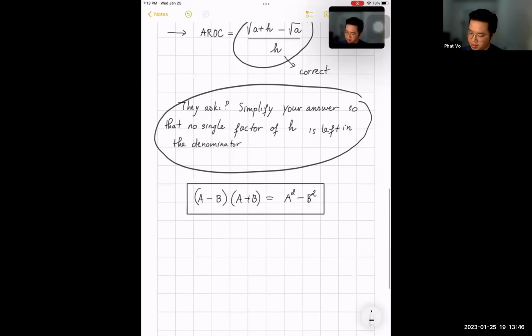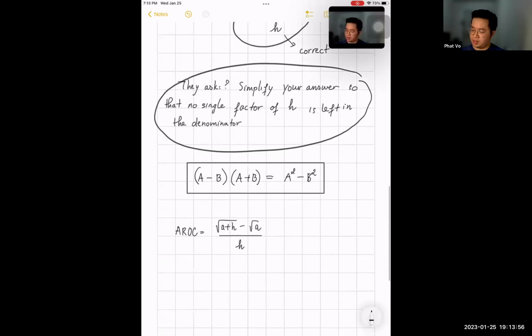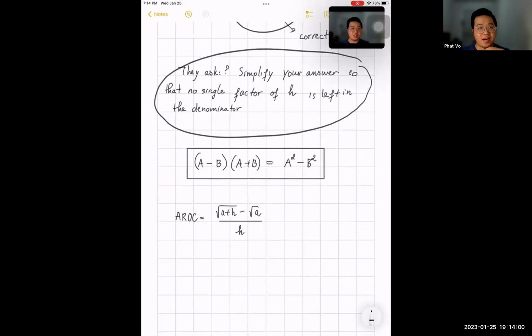So now the average rate of change here is square root of a plus h minus square root of a over h. Okay. So now I will multiply the numerator and denominator by a conjugate.